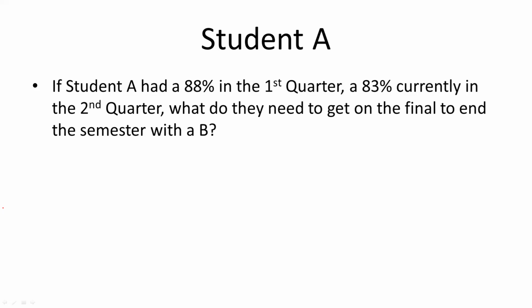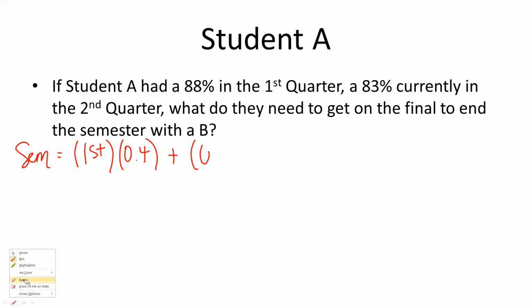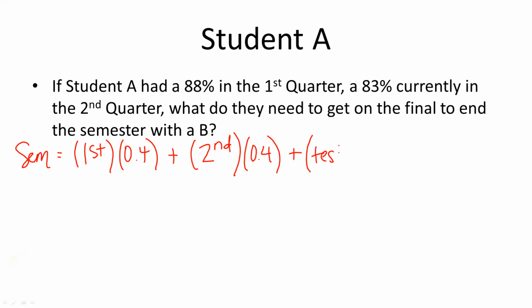Okay, so thinking about that equation that we had before, the semester grade is equal to the first quarter times 0.4 plus the second quarter times 0.4 plus your test, your final, times 0.2.